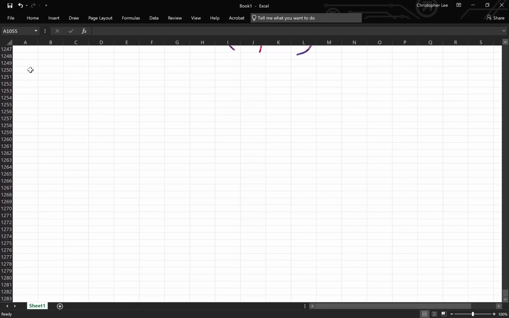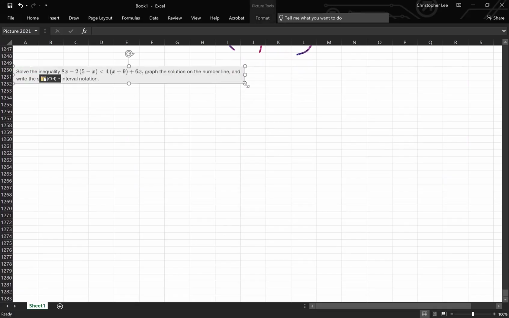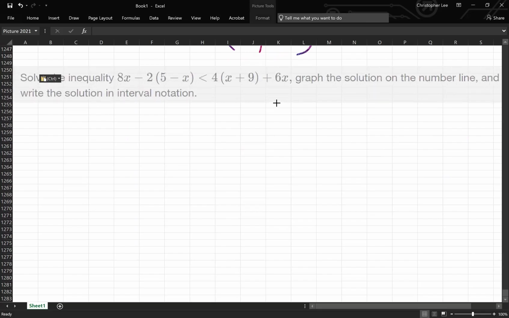All right, let's talk about this example right here. Okay, so here we want to solve the inequality 8x minus 2 times (5 minus x) is less than 4 times (x plus 9) plus 6x, right? Same thing. I want to graph the solution on the number line and I want to write the solution in interval notation, right?